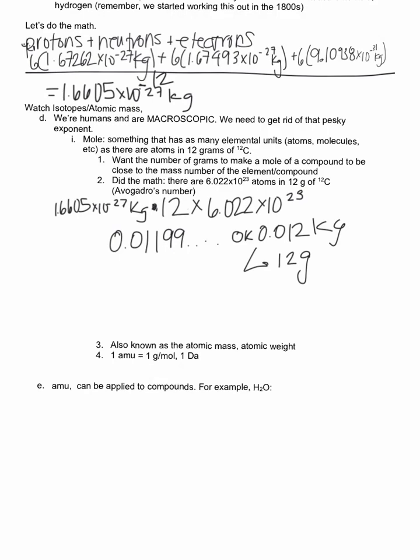For example, a compound that we're all familiar with is water, or H2O. Water contains 2 hydrogens and 1 oxygen. Therefore, the molar mass, or the grams of a compound to make 1 mole, is equal to 2 times the atomic mass of hydrogen, so 1.0078, plus 1 times the atomic mass of oxygen.